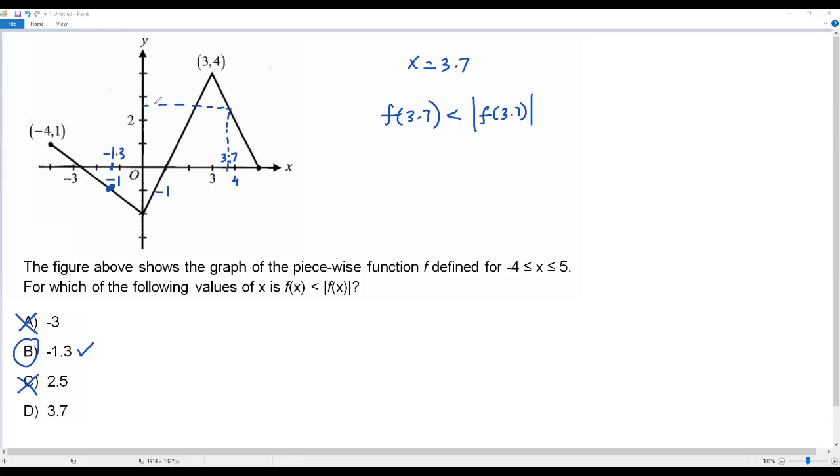I think we can take 2.7 as the y coordinate when x equals 3.7. So 2.7 less than absolute value of 2.7, which is still 2.7. The two values are equal, but here we are getting 2.7 is less than 2.7. We cannot accept this. It's false. So the value for x in answer choice D also does not satisfy the given inequality. We can reject option D as well.